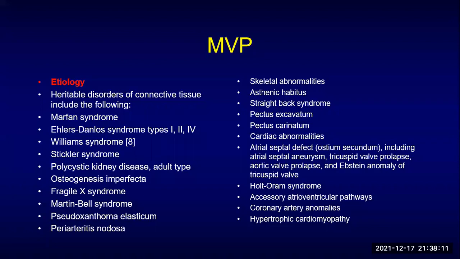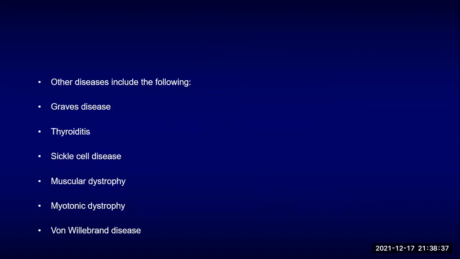Okay. Mitral valve prolapse. There are several etiologies of mitral valve prolapse, going from the Marfan syndrome, which is the most common, Ehlers-Danlos syndrome, other interesting syndromes, going to the skeletal abnormalities, the pectus excavatum, and other anomalies, the hypertrophic cardiomyopathy.